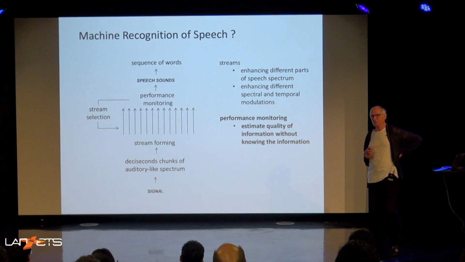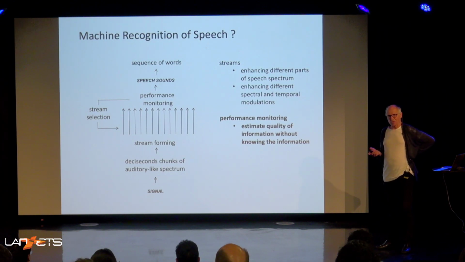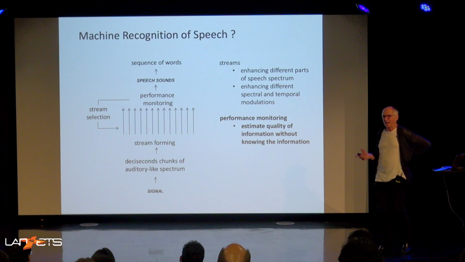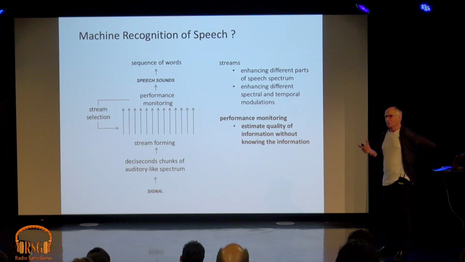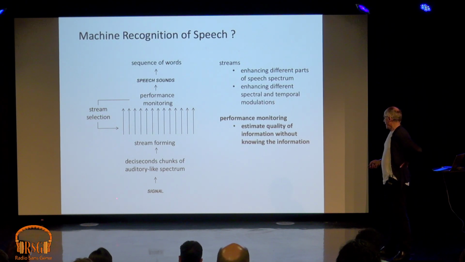We can build a system which works a little bit like human hearing, because we are dealing with human speech and we can't believe that we know how the information is coded through human speech production. So we start with the signal.